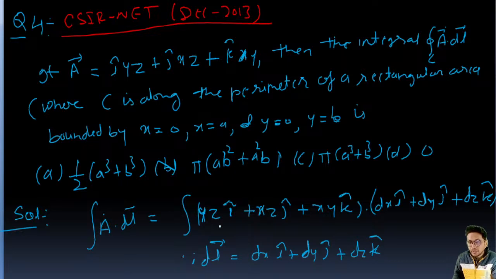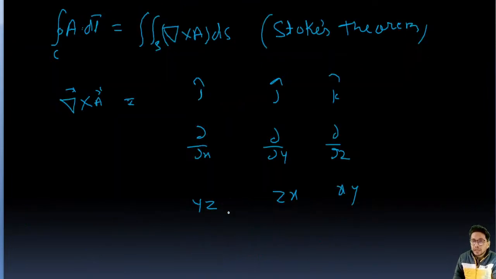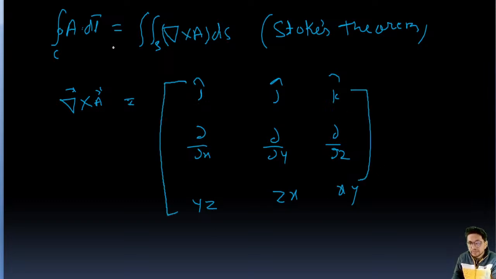A is given, yz, xz, or xy. Zx or xz, this is the same thing. So now we'll solve it. We take I as common, so this is going to be del over del x of xy, which is going to be x.